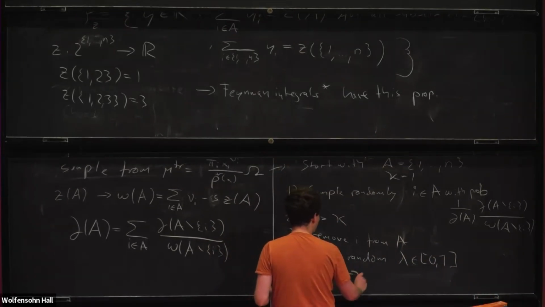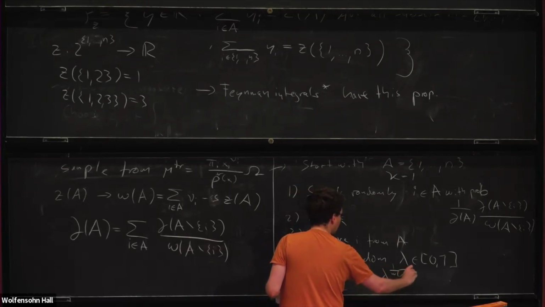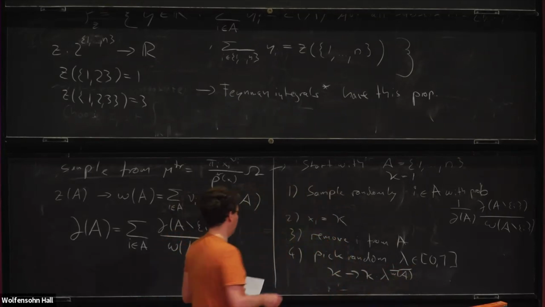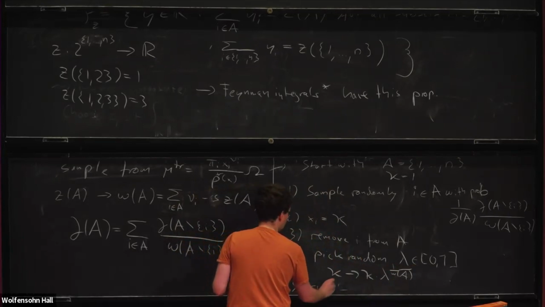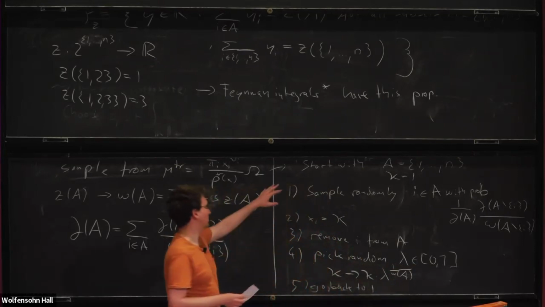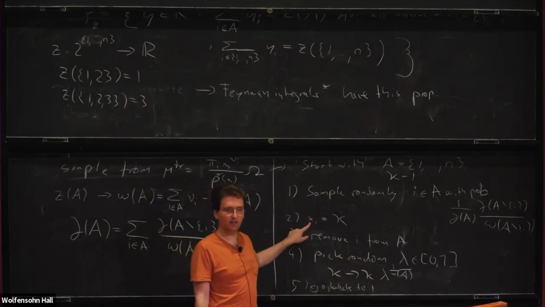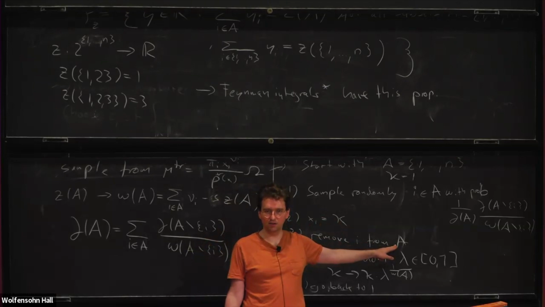So you rescale kappa with lambda to the power of 1 over omega of A, and then you go back to the first step. If you do these 5 steps repeatedly, you fill up your coordinates x_i. So you have to do this n times until your set A is empty.